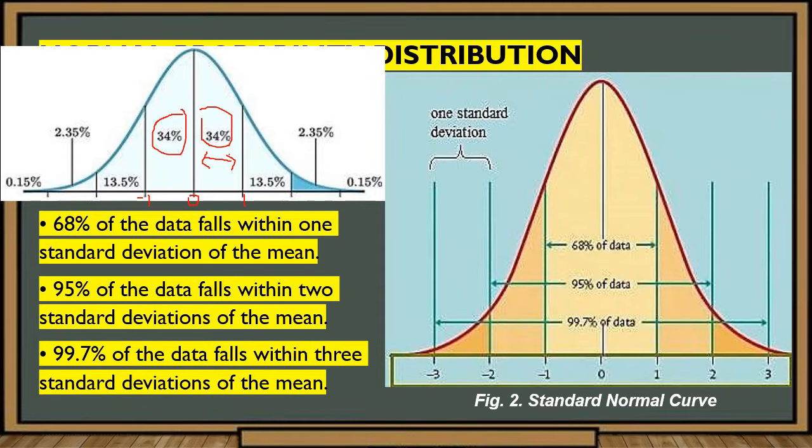Because the normal curve is symmetrical, what happens on the right also happens on the left. If this is 34%, this is also 34%. If we add these two values, it will be equal to 68%. That is why from negative 1 to positive 1, it covers 68% of the data.